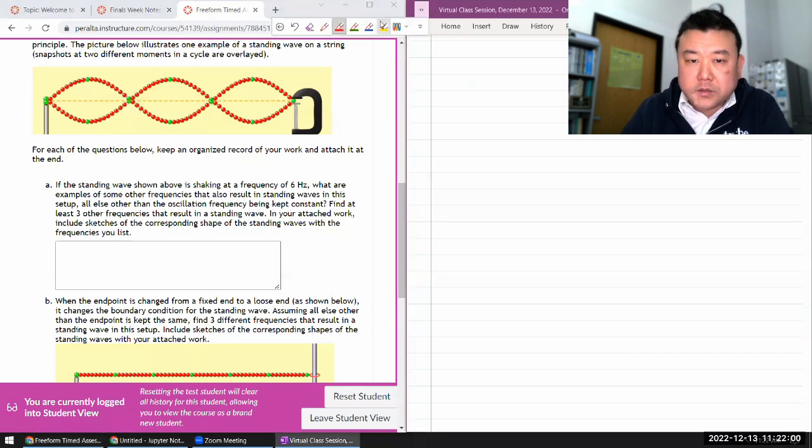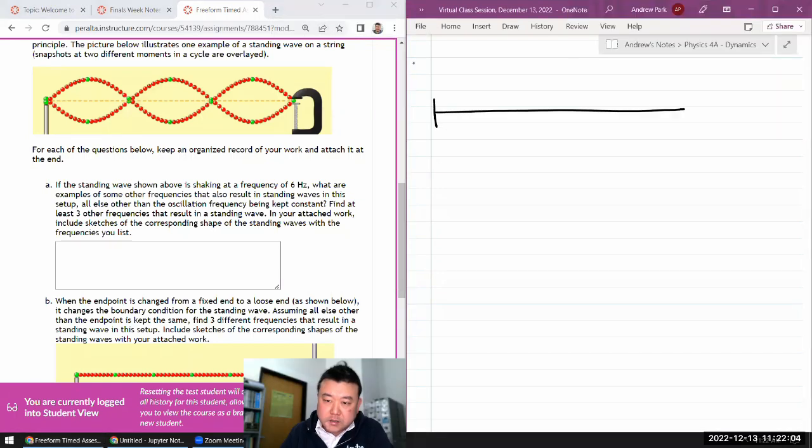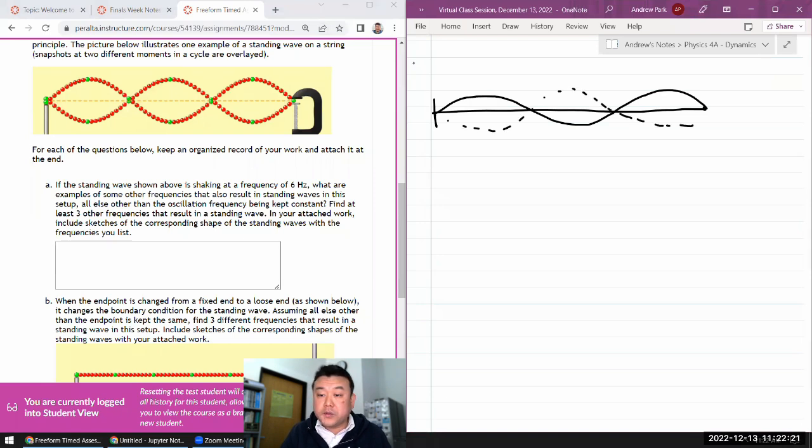I think it's good for me to just start sketching things out. This is the standing wave that's shown, and I hope you have enough intuition from having seen different types of standing waves that this is not the fundamental harmonic. This is not the longest wavelength that could be on this medium with the boundary conditions of nodes at the end points.